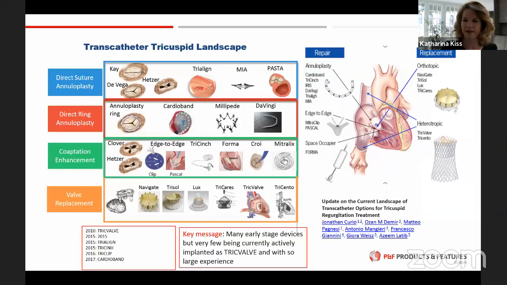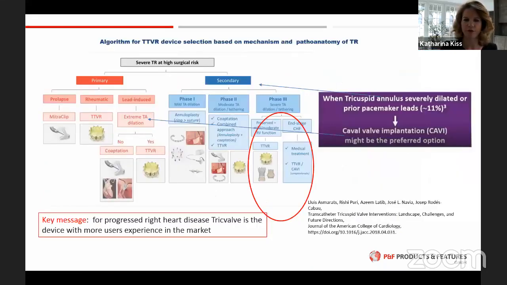So many devices are already available in the early stage of disease, but as soon as we come to more progressed right ventricular failure, the TricValve remains the most preferable option. And this is shown very nicely in this algorithm, how to select your device for tricuspid disease.